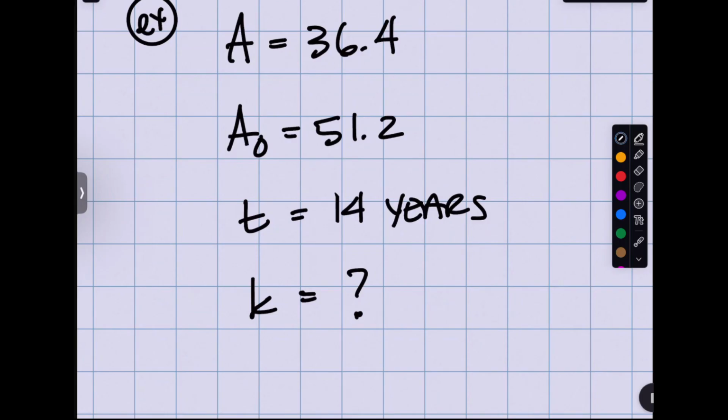Because the initial amount is greater than the final amount. So if I started with $51.20 and I ended with $36.04, did I decay or did I grow? Decayed. So that's why it's going to be negative. Does that make sense? Okay. Let's plug it into the formula and see if you guys can find what k comes out to be.